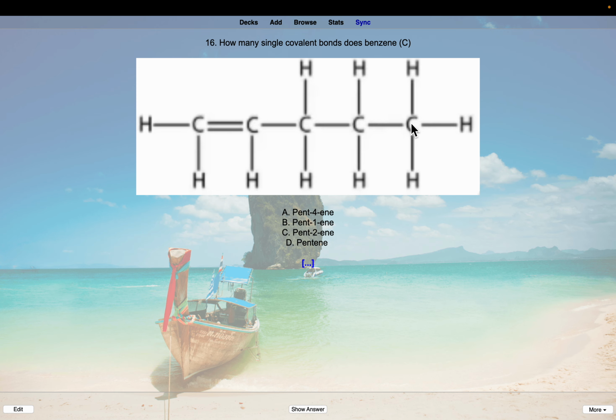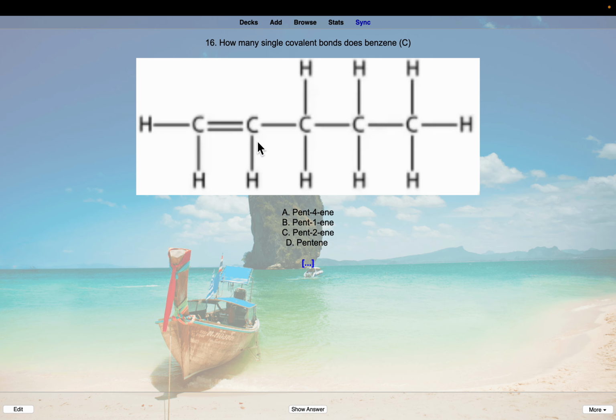I forgot the prefix for 3 carbons, but I think 4 is but, as in butane, 5 is pent. So as you can see in all of the choices, we can't exclude anything yet because every choice stated pent.